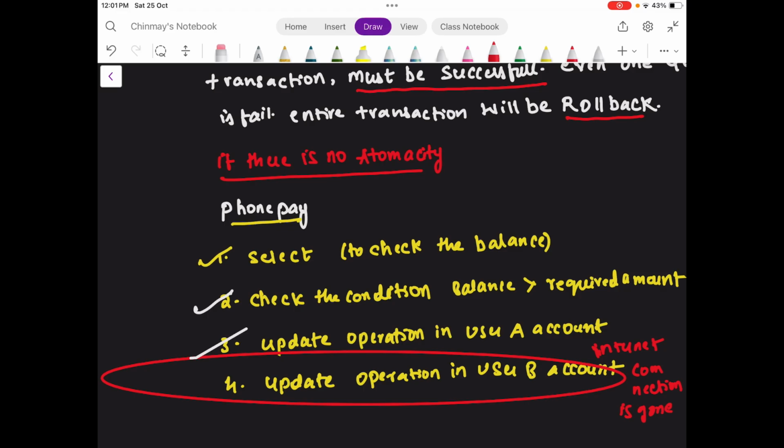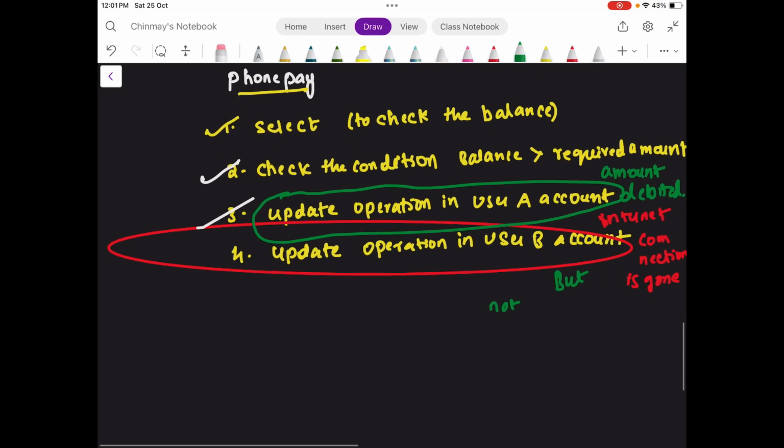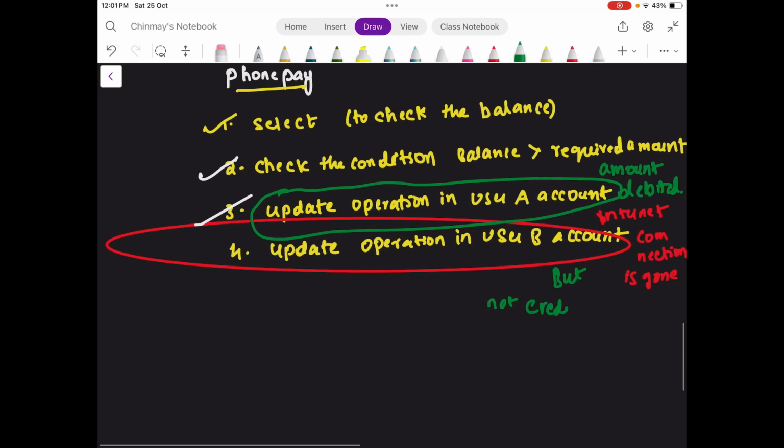What happened? Your amount got debited, right? Amount is debited, but not credited.